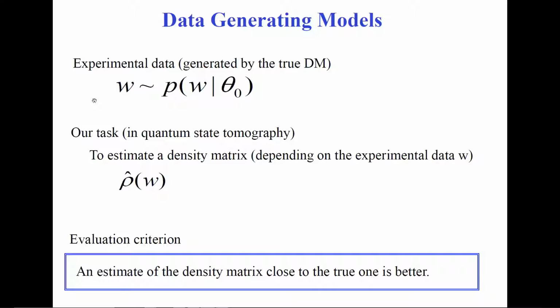Our task in quantum state tomography is to estimate a density matrix depending on the experimental data W, which is denoted by rho hat W. Roughly speaking, we consider an estimate of the density matrix close to the true one to be better.